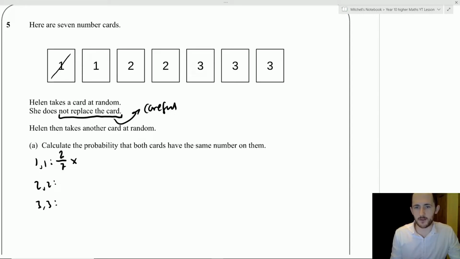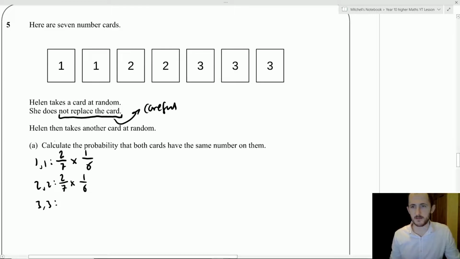Then one of the 7 goes away, so we have 1 left over out of 6 total cards. For 2, 2, once again, it's 2 over 7, and it'd be 1 over 6 again because there are only 2 cards. For 3, 3, we have 3 over 7 at the beginning, multiplied by 2 over 6.